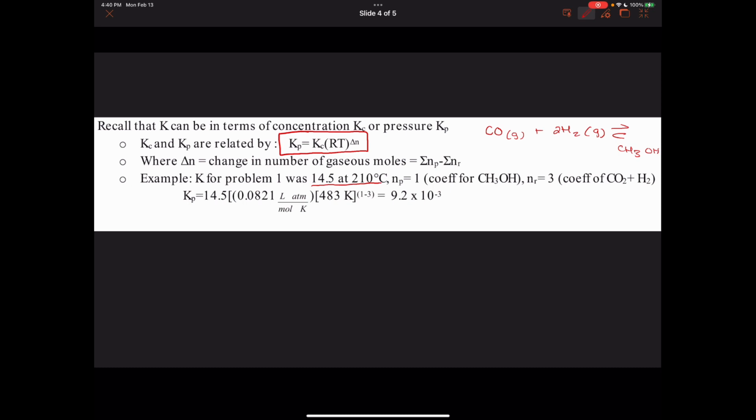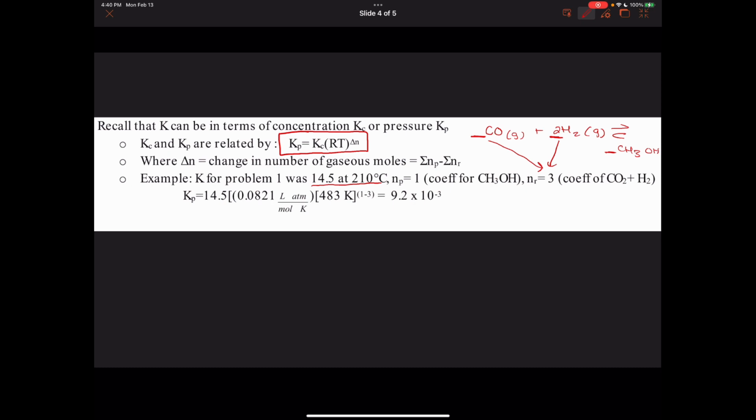So if we were to plug into this equation to determine our Kp, we would need to know our delta N. So delta N is going to be my product moles. So that's the coefficient right here for my CH3OH. That's 1. My reactant moles is going to be 3. It's going to be the 1 from the carbon monoxide plus the 2 from the hydrogen to give me the total of 3 for my coefficients. So my change is going to be that 1 minus 3.